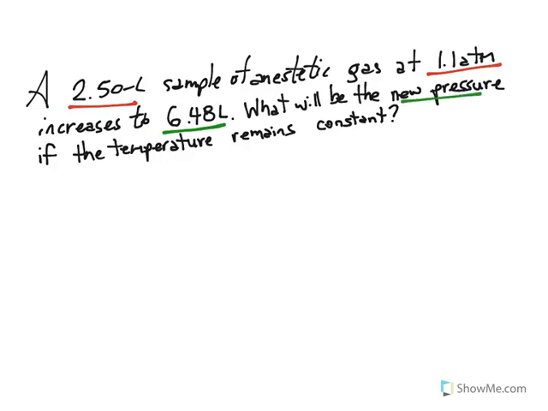And then the big hint is temperature remains constant. Now we have no reason to believe that the number of gas particles has changed. Therefore, knowing that we're looking at a situation that compares volume and pressure with constant temperature and number of moles, we must be using Boyle's law.